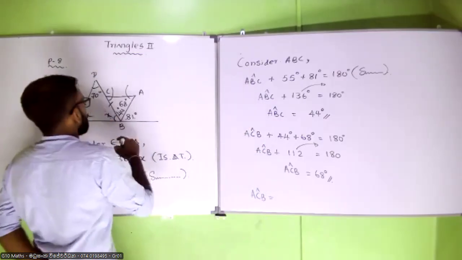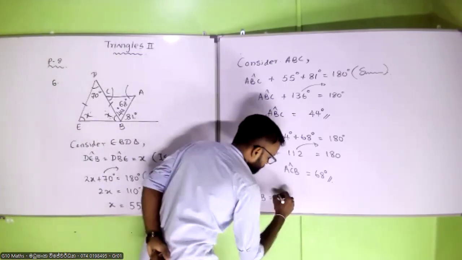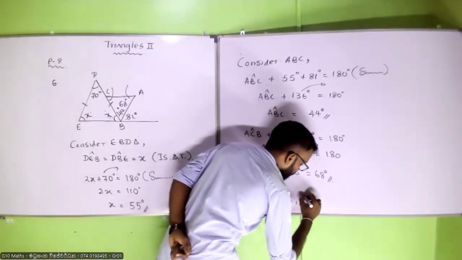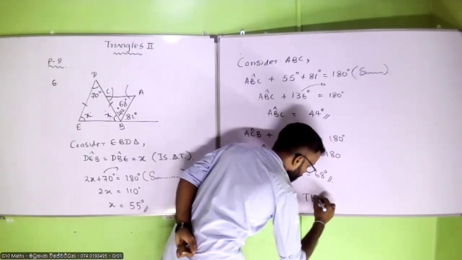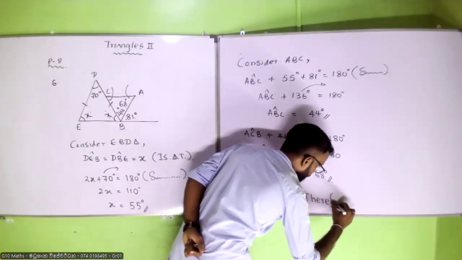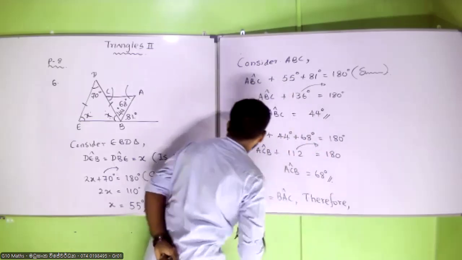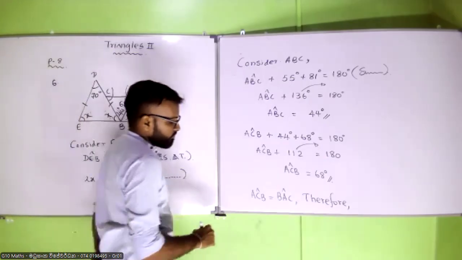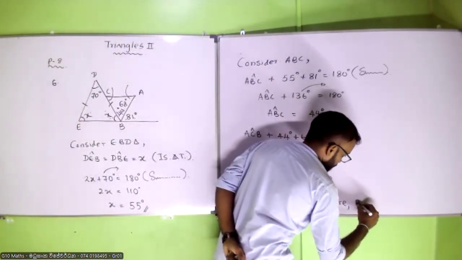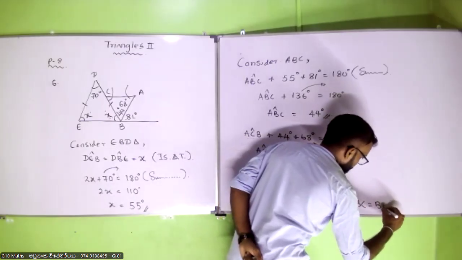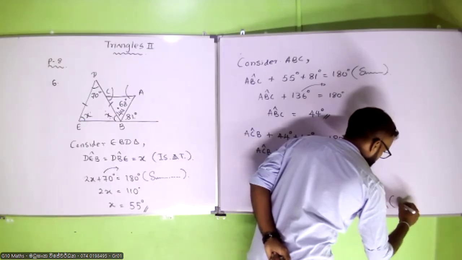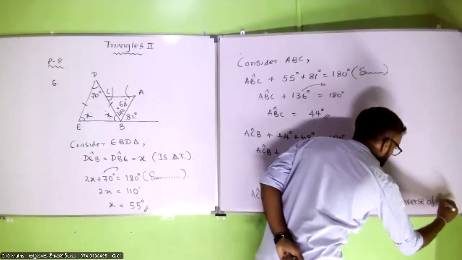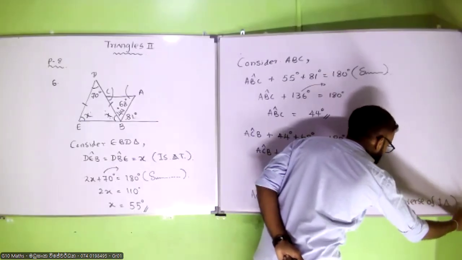So finally you can write angle ACB equals angle BAC. Therefore we can say BC equals BA, by the converse of the isosceles triangle theorem.